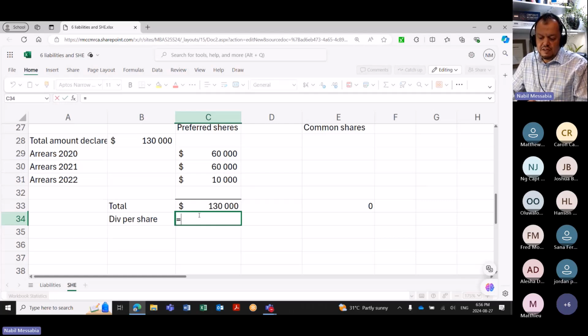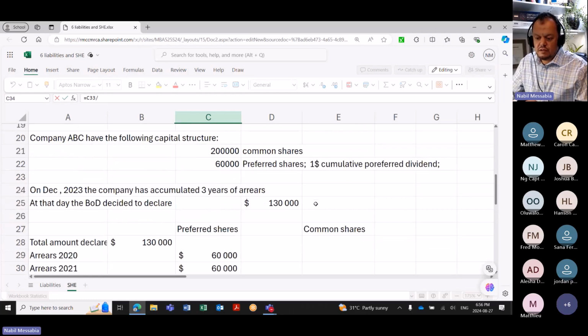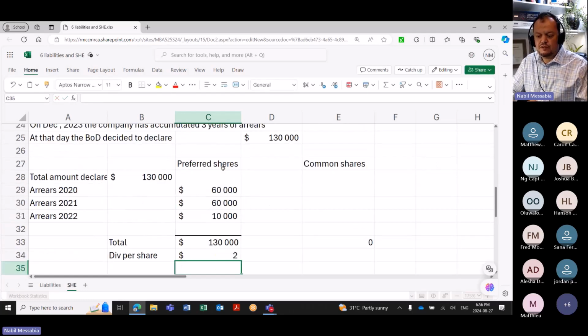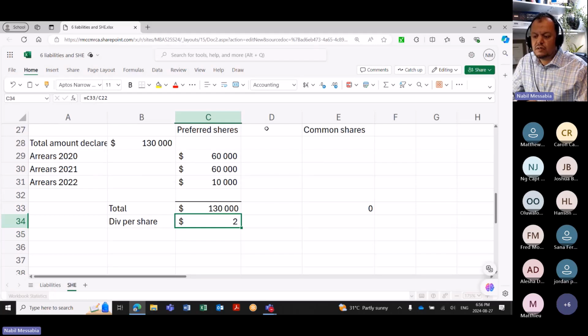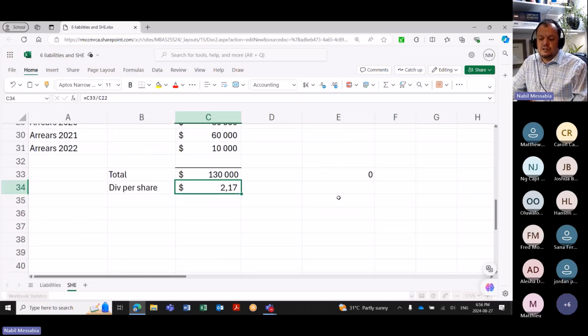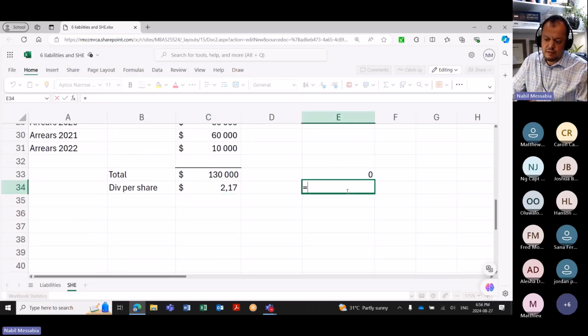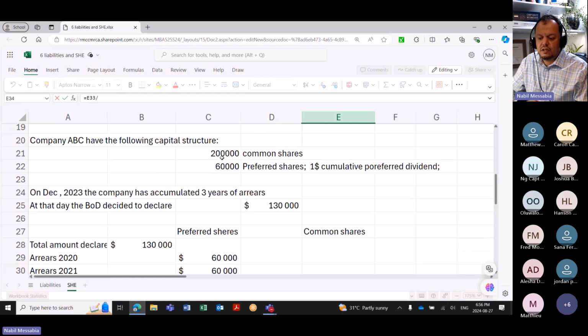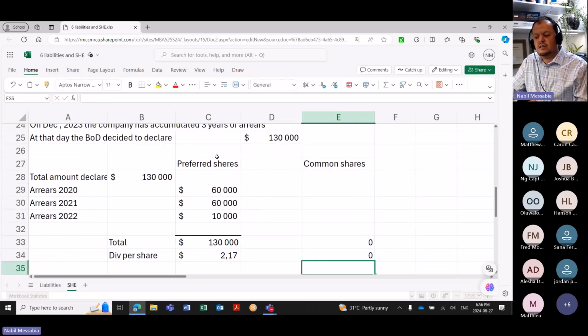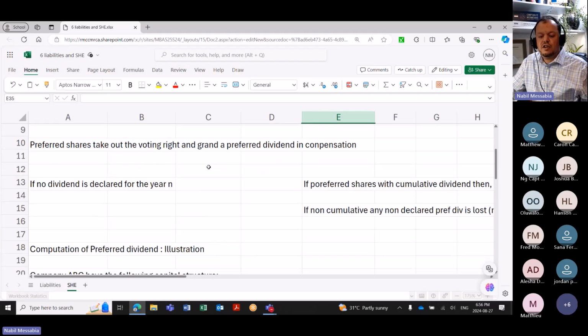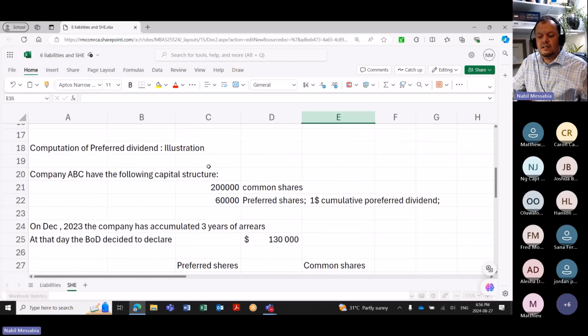Preferred, they will receive $130,000 divided by 60,000 shares. Each share will receive $2.17. Common shares will receive 0. They will receive $0 divided by 200,000 shares. 0.